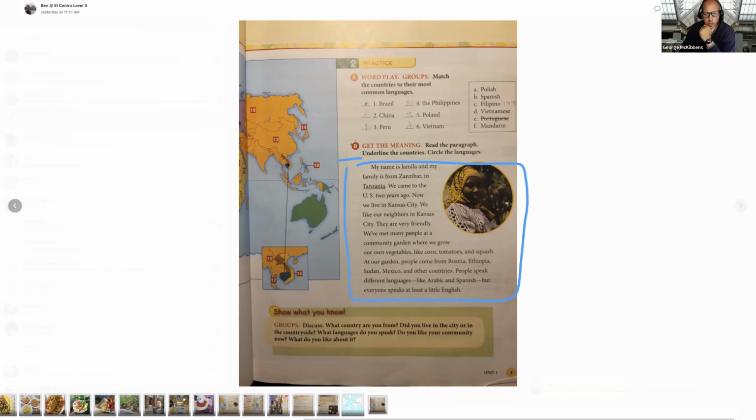Now, did everybody read this from the textbook yesterday? Raise your hand if you read it yesterday. Everyone. I see 1, 2, 3, 4. Would anybody like to read it again?